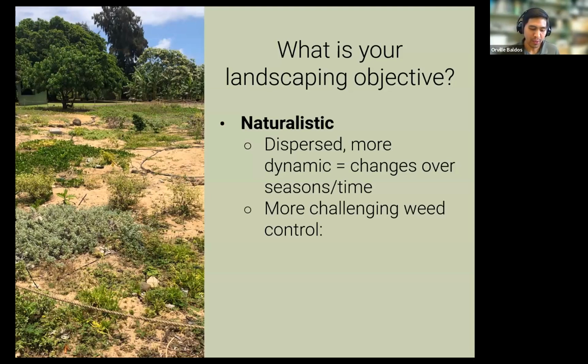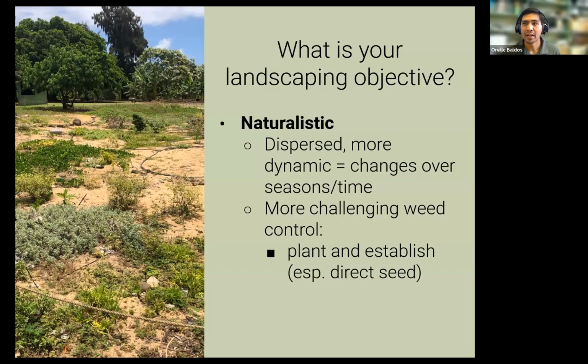In terms of weed control, naturalistic landscapes are a little bit more challenging, especially if you're planting and establishing them by direct seeding. In those cases, you're using a bunch of different species.